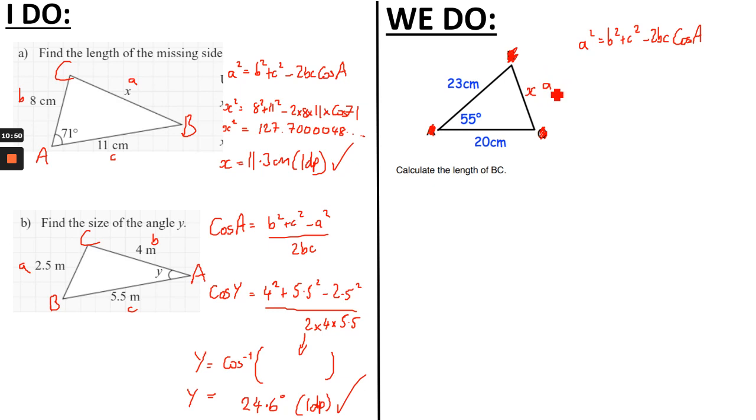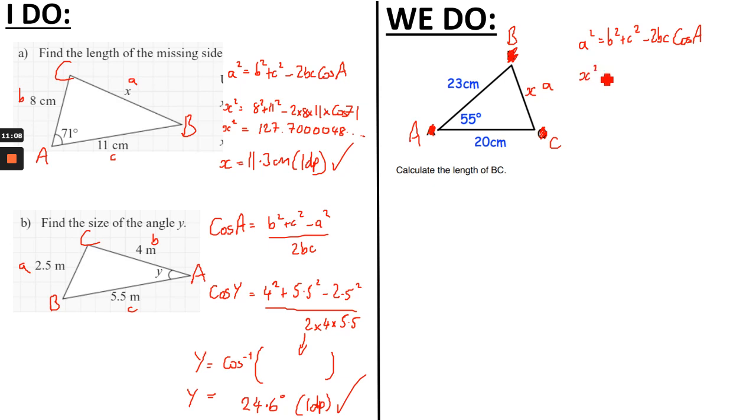I'm working out this length, so that's little a, that's capital A, and then B and C can be either of these, it doesn't make a difference. In future examples, you can just rewrite the letters, because they are going to try and trip you up.